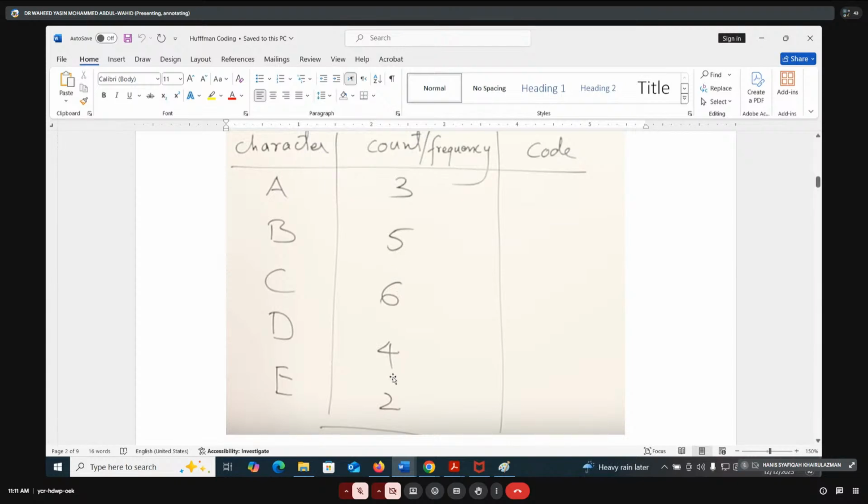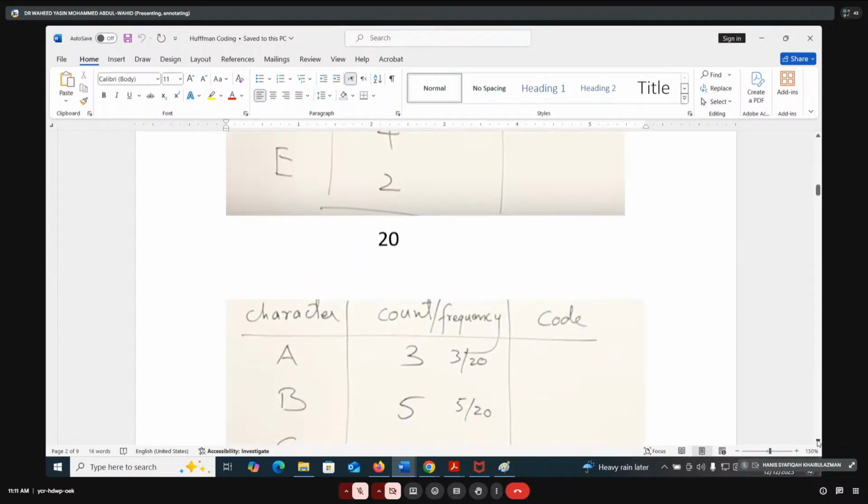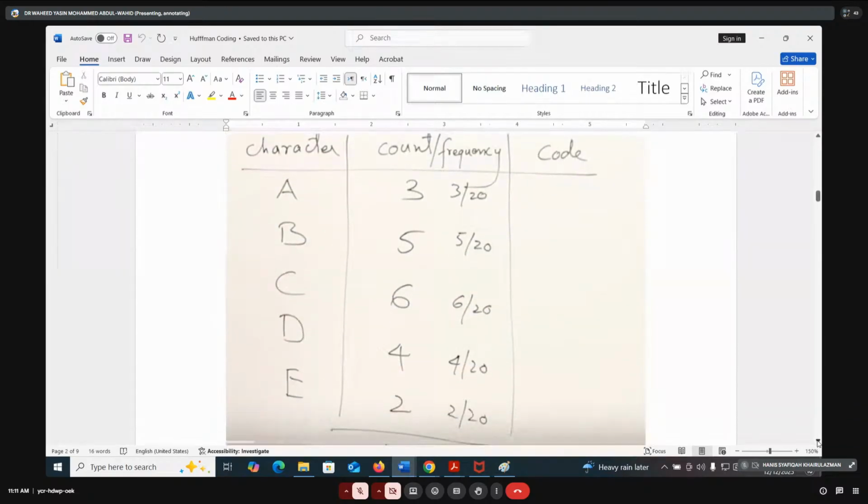So what will the total be? It should be 20: 3 out of 20, 5 out of 20, 6 out of 20, 4 out of 20, and 2 out of 20. Here I want to make a code.